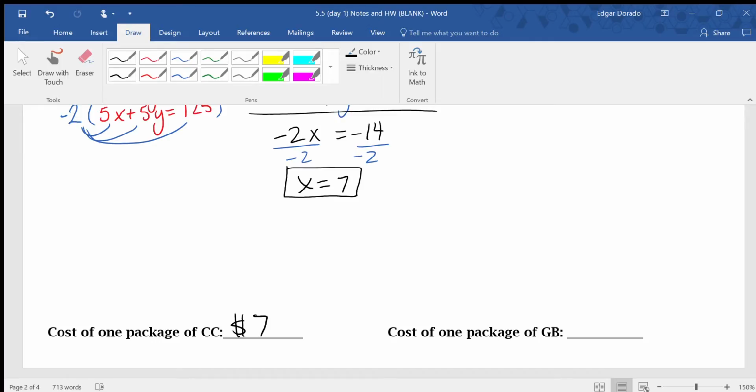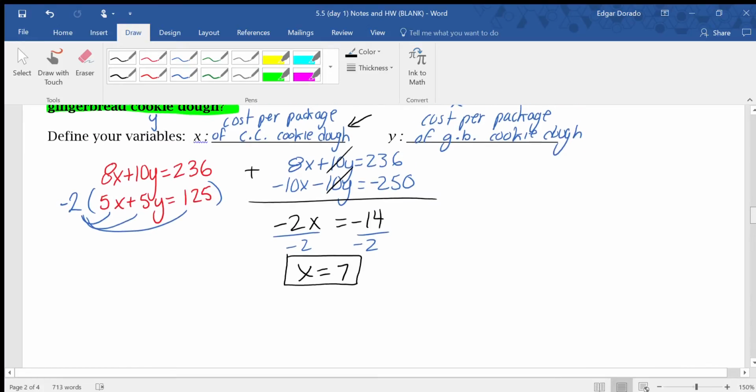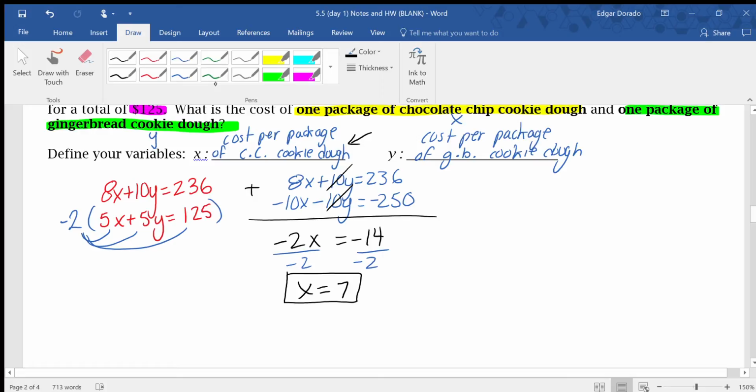Each package of chocolate chip cookie dough costs $7. Now to find the cost of gingerbread, I just have to substitute this in for that x, in either equation, whichever one I decide. I always like to choose the one that has the smaller numbers. So the equation with the smaller numbers looks like the bottom one. So that's what I'm going to use.